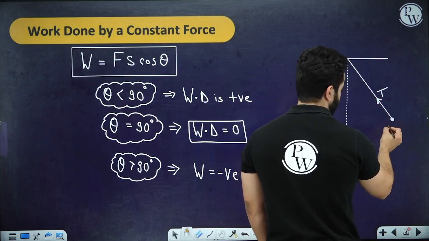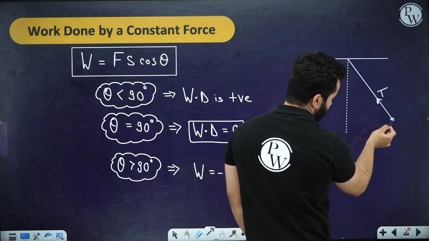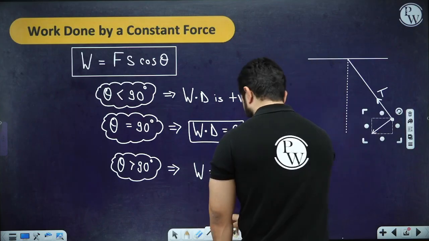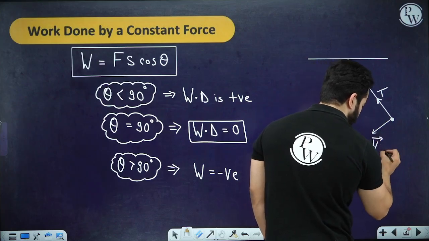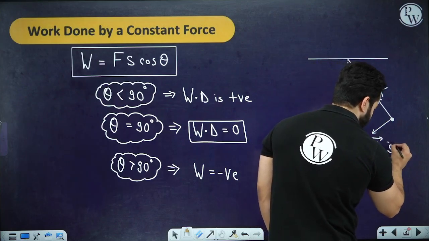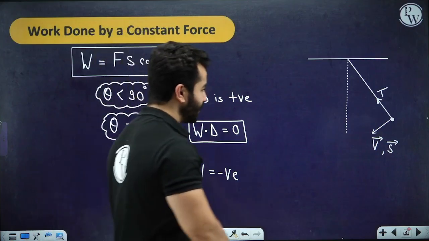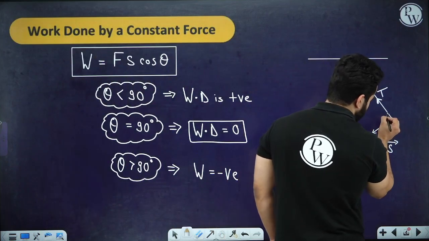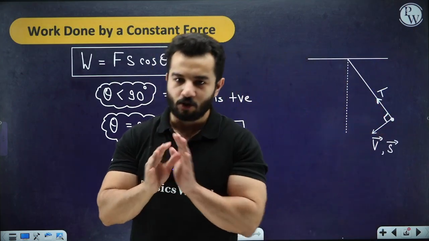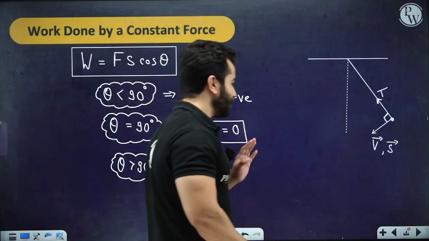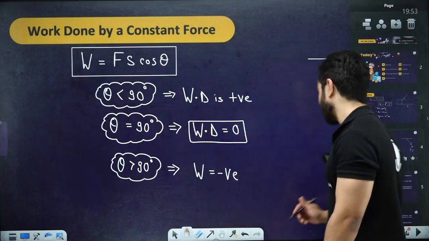And let's say that the motion of the metallic bob at this point is something like this. So if this is the direction of motion, the velocity, this is going to be the same direction as the displacement, the instantaneous velocity, right? So in this case, the angle that you can see is 90 degrees. So whenever this angle is 90 degree, we are going to say that tension does no work, right? The work done by tension over here is going to be 0.